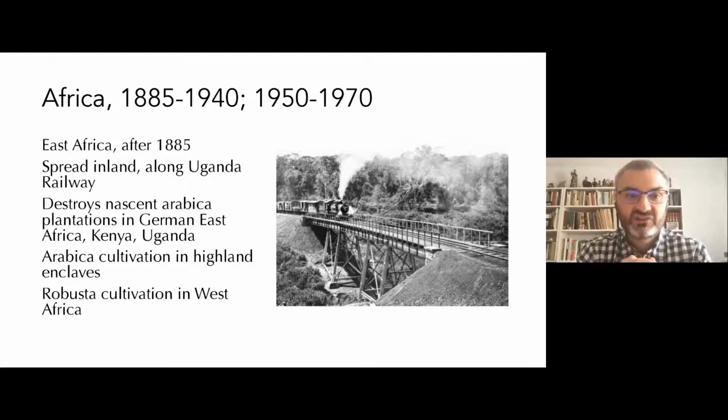And the rust destroyed nascent arabica plantations in German East Africa, which is now Tanzania, in Kenya, and Uganda. I've reconstructed some of the historical documents and the path of the disease, and you can, in fact, see it moving inward from the coast along these routes.